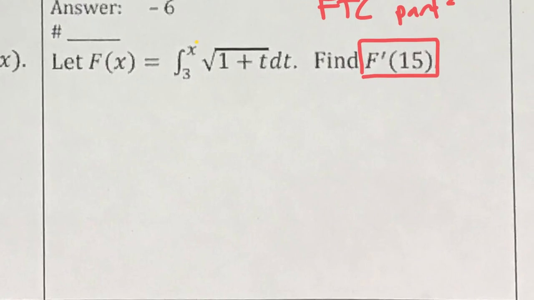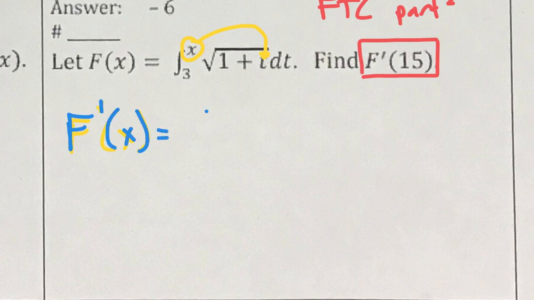So we're going to do that here. We're going to take our x and plug it into here, and then multiply it. So F prime of x, I understand yellow is not a very good color for this, F prime of x is equal to the square root of 1 plus x times the derivative of x, which is 1.